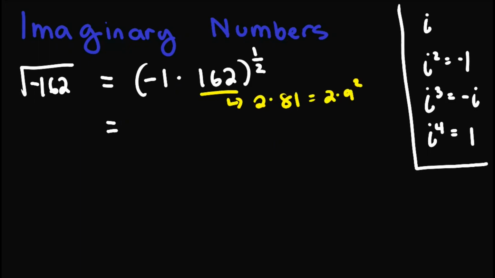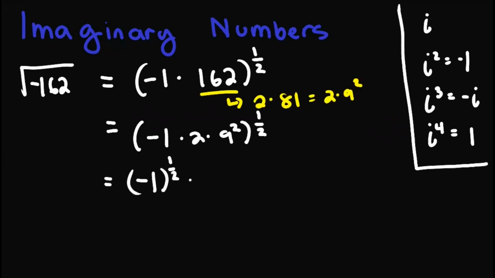So we'll have here negative 1 times 2 times 9 squared raised to 1/2. Then by laws of exponents, distributing the exponent, we'll have here negative 1 raised to 1/2 times 2 raised to 1/2 times 9 squared raised to 1/2.